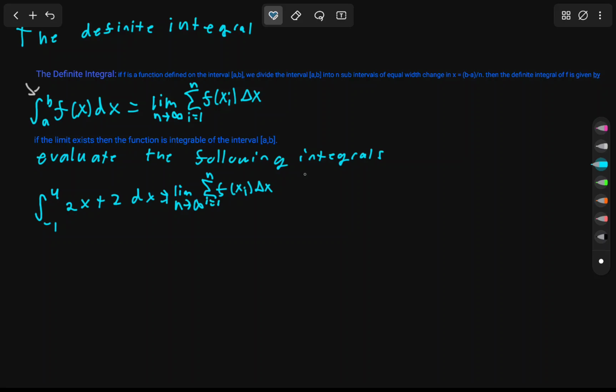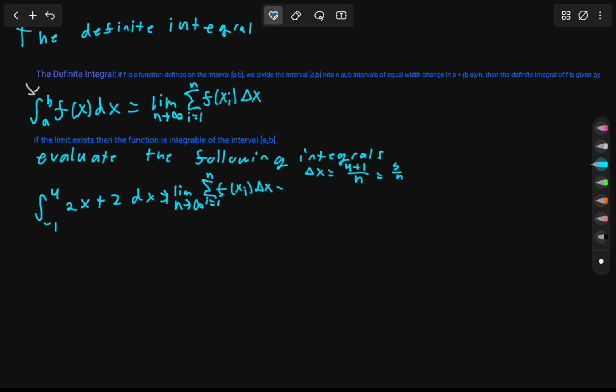Change in x in this case is the first thing we're going to solve for, because it's going to be the easiest thing to take out in most cases. So our change in x is equal to 4 minus negative 1, which becomes plus 1, divided by n. So this becomes 5 over n.